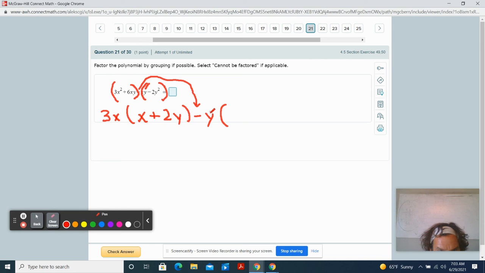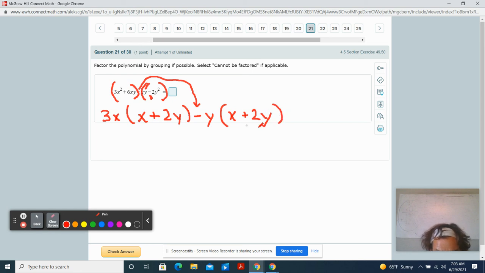So negative y times x is negative xy. And now here's where you really have to be careful, because you're going to see a negative right here. That negative becomes a positive, because if you take out a negative y times a positive 2y is the negative 2y squared.